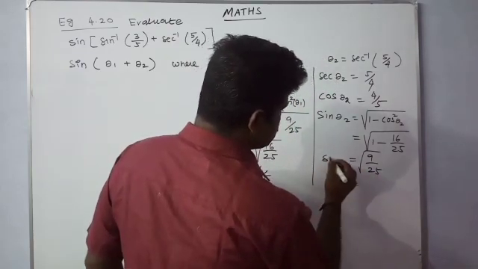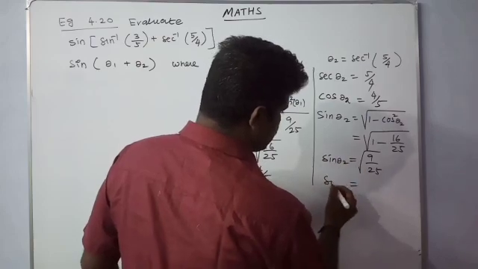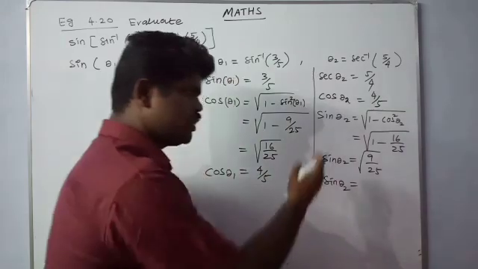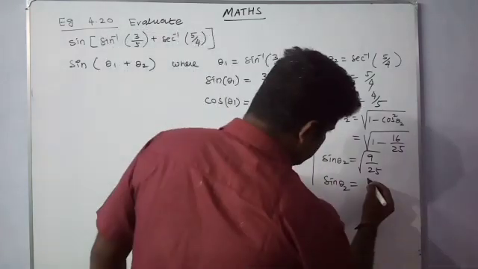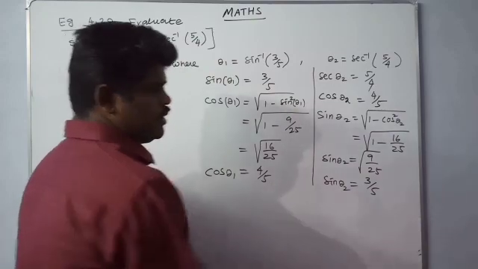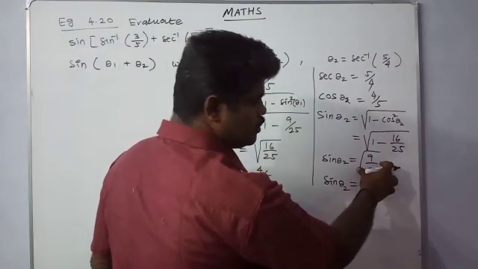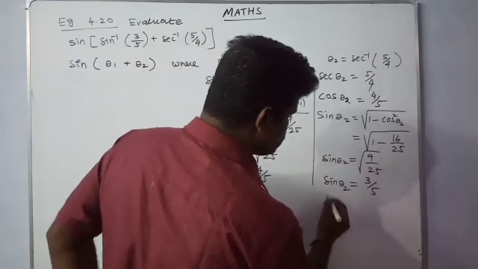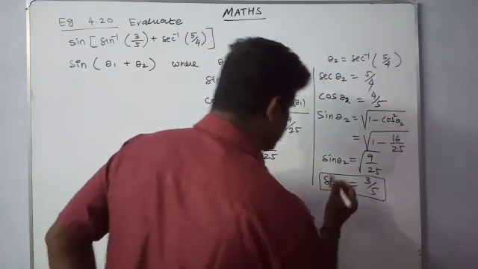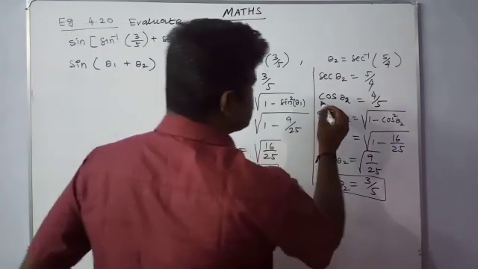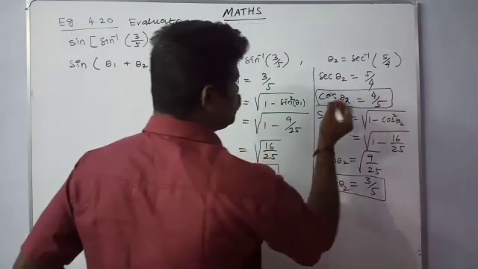This is sin theta 2. Taking the square root, it is plus or minus 3 by 5, but only the plus value is taken, 3 by 5. This is cos theta 1 and this is cos theta 2.